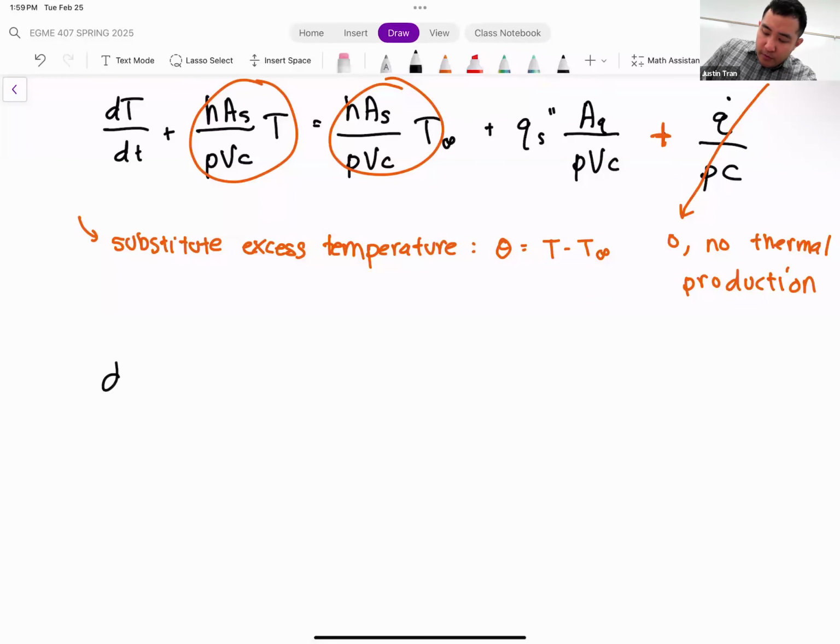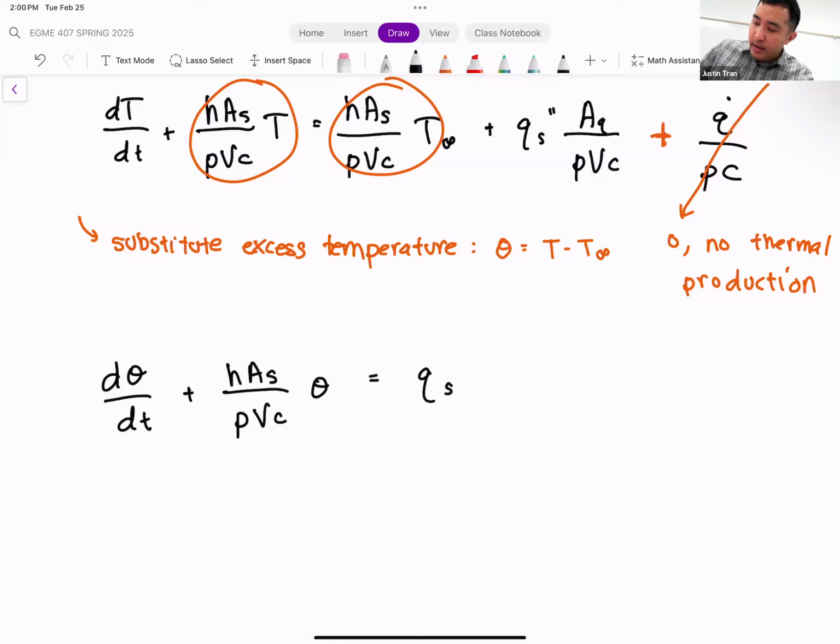So if we combine both the convection terms, we have dθ/dt plus hA_s over ρVC times θ is equal to q_s double prime A_q over ρVC. A little bit easier to solve in this case.